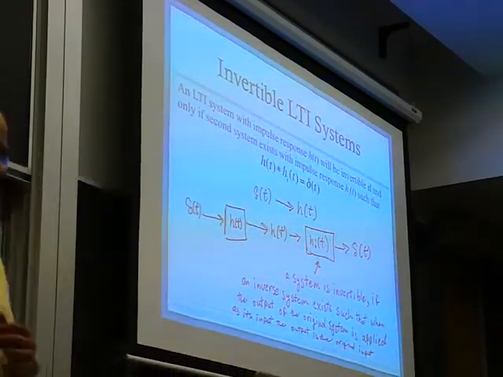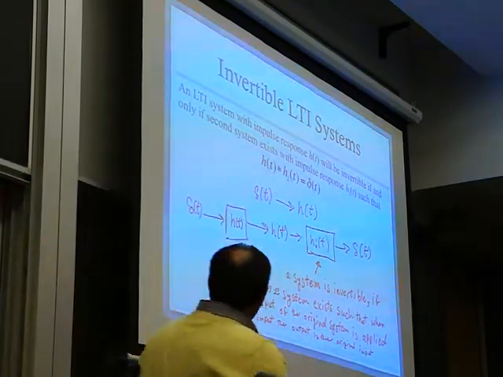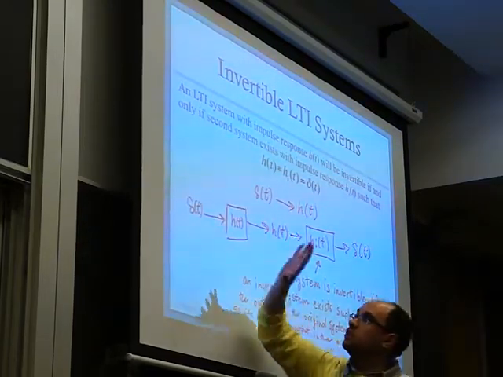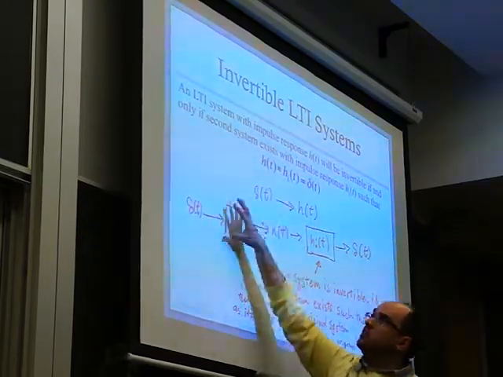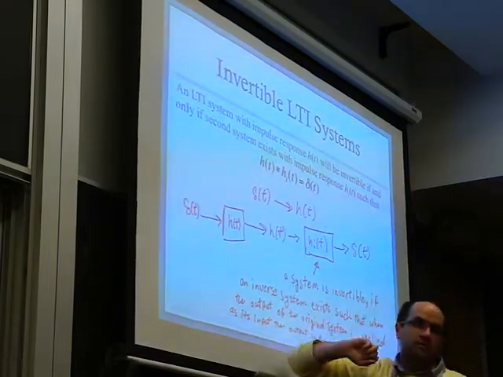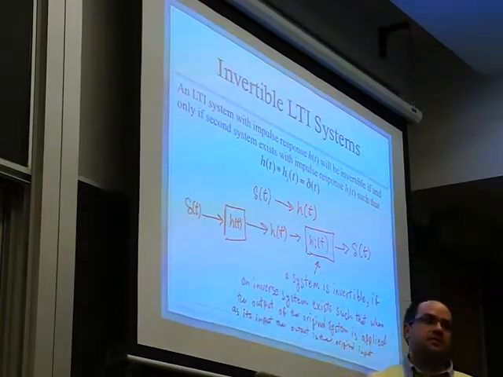So if I tell you I passed some signal through a linear time invariant system, and I know the output, but I don't know what the input is, but I know the impulse response of the system.